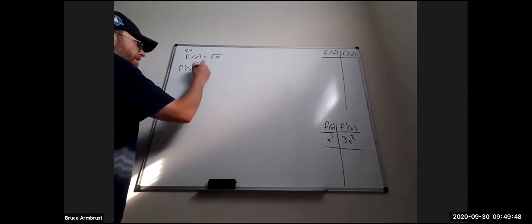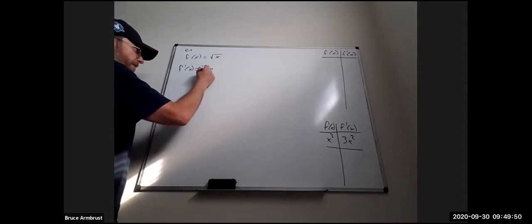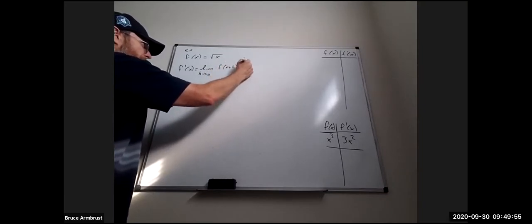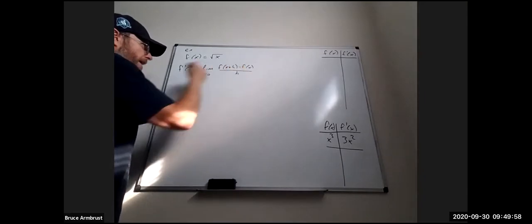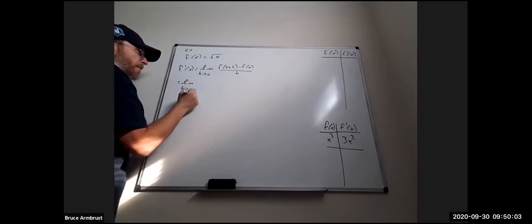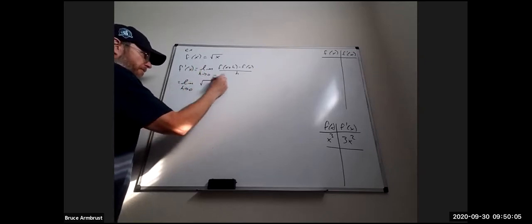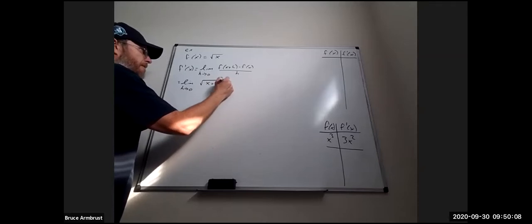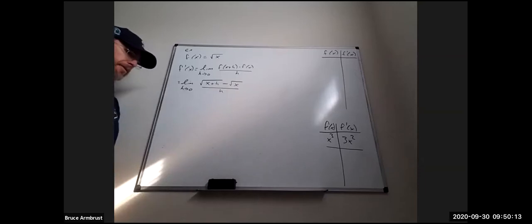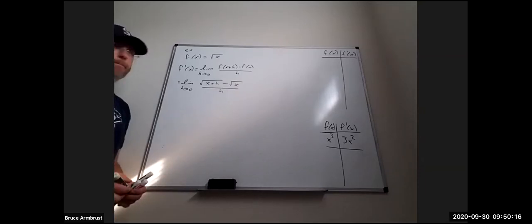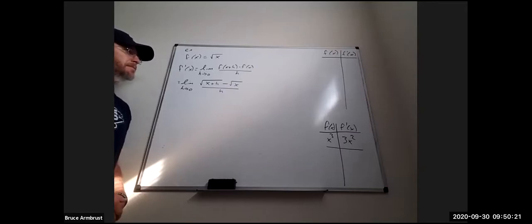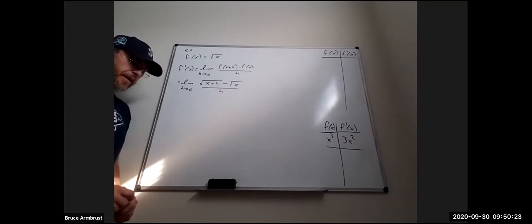So it's going to be the limit as h goes to 0 of f of x plus h minus f of x over h. If I put this into our specific function, we're going to have the square root of x plus h minus the square root of x, divided by h. All right, so this is the limit we have to evaluate.